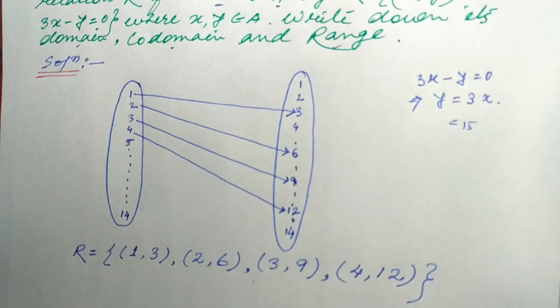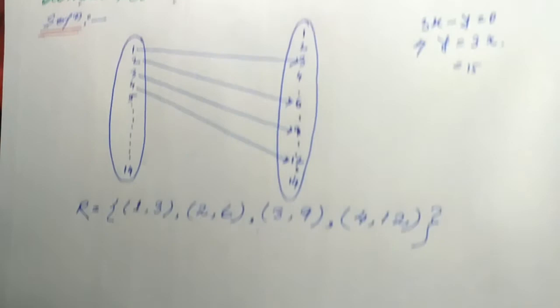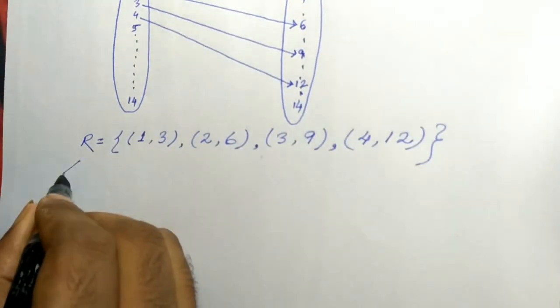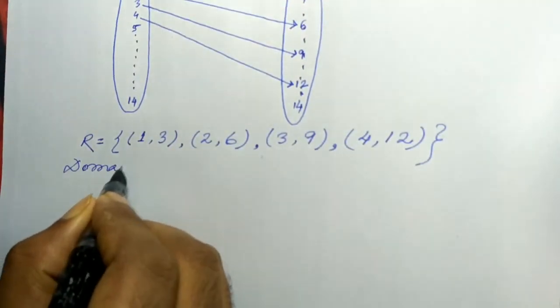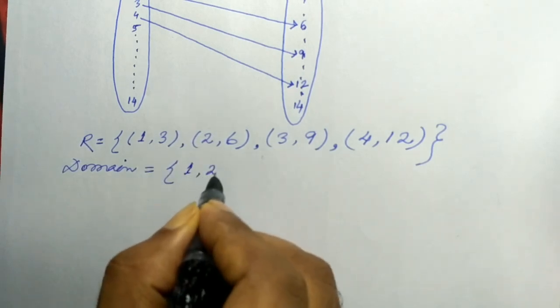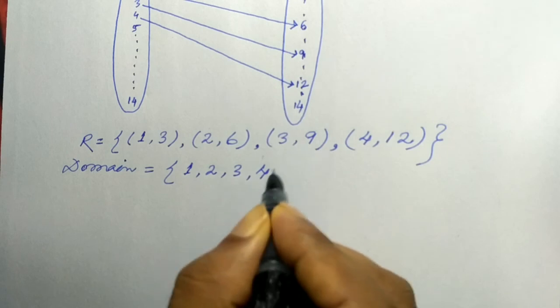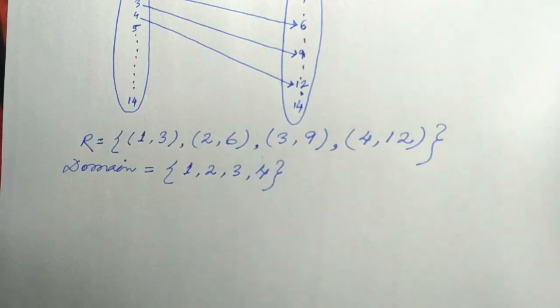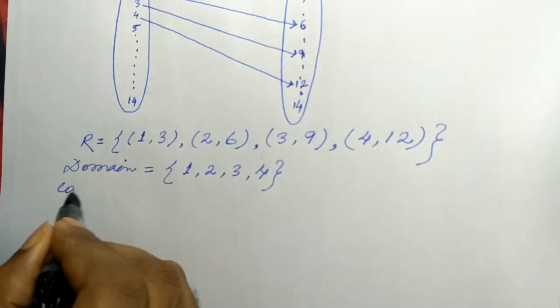Only 4 of these elements satisfy this relation, therefore they are the permissible inputs. So our domain is {1, 2, 3, 4}. Clear?